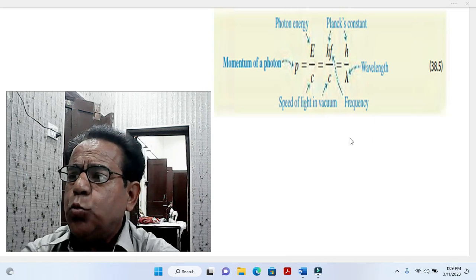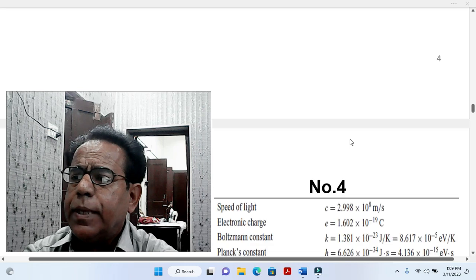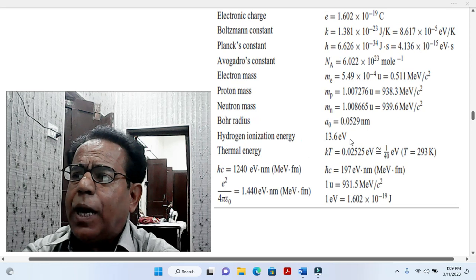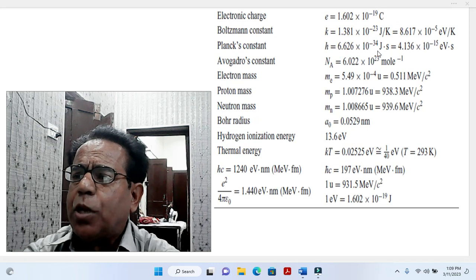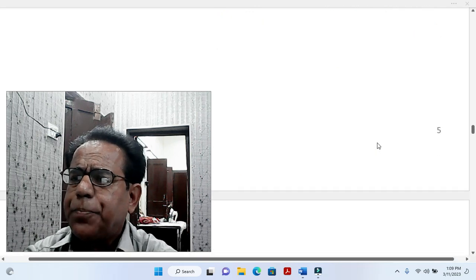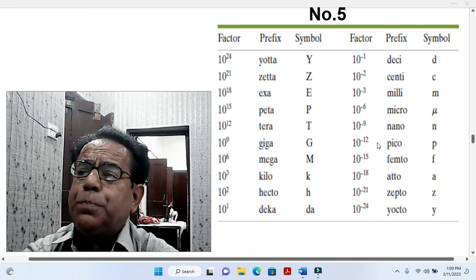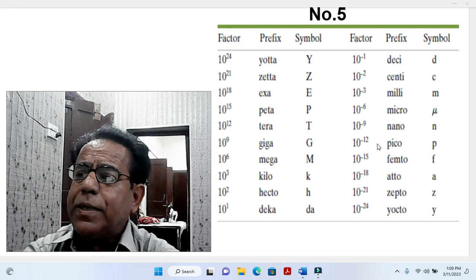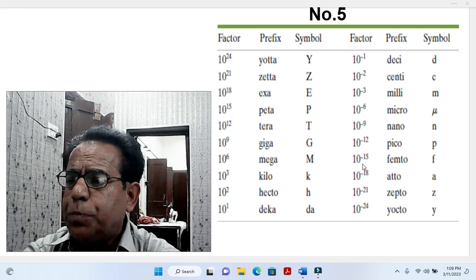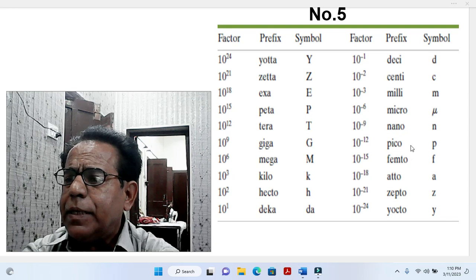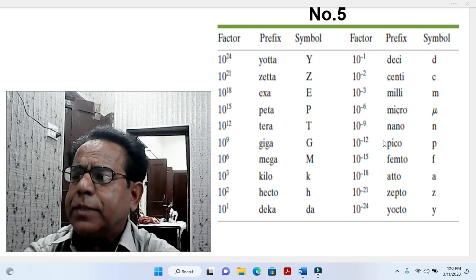This tool will also be used. Next, the tool in which the value of Planck's constant h in terms of joule second and electron volt second is given. Moreover, the value of hc is also given. Next helping tool gives prefixes. Here femto, 10^-15, or pico, 10^-12, will be our required prefixes.